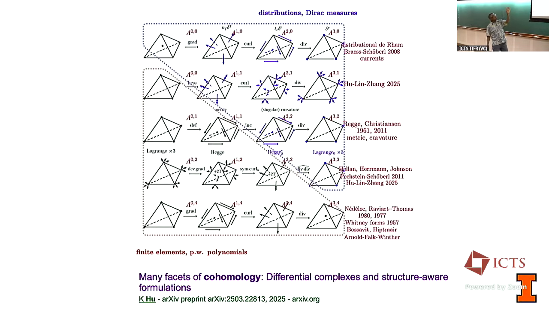On the top corner are distributional elements. On the left bottom corner are finite elements, polynomials. So for example, for elasticity, you can do Lagrange, then you get Regge, which is piecewise constant metrics, and then the incompatibility operator brings you to something which is distributional because you've taken 2 derivatives.